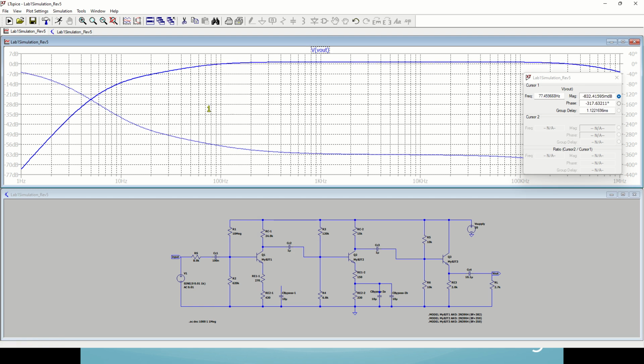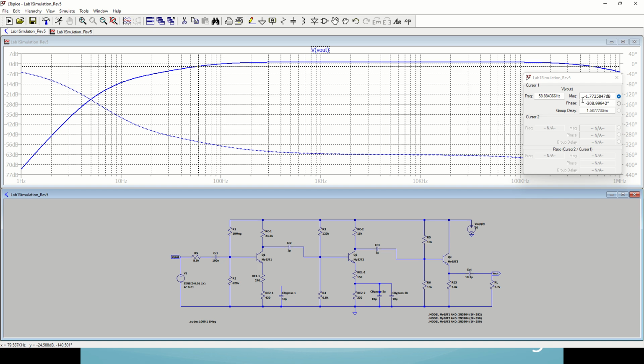So let's cue our negative 3 dB point. Our magnitude's negative 1.77, our frequency is 58.88, so that is our baseline. I added 0.1 microfarads or 100 nanofarads to the output, and let's see what kind of change we get.